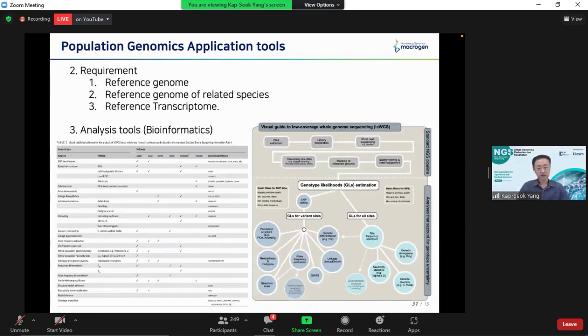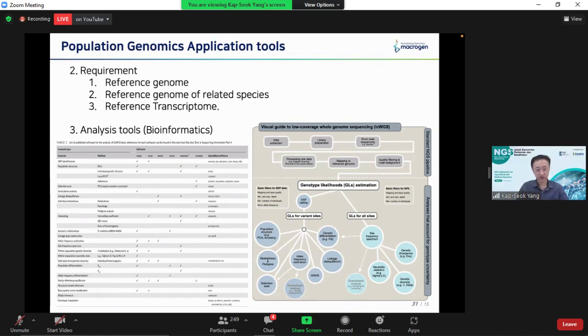The second one, what is the basic requirement? You should have a reference genome. If you don't, you should have a reference genome of a closely related species. Or if you have a reference transcriptome or RNA data, that will also be very helpful.